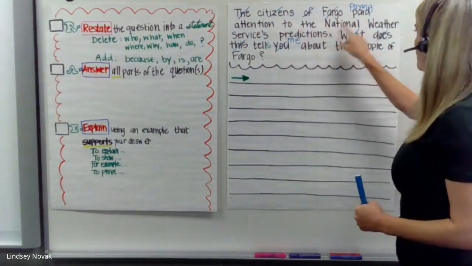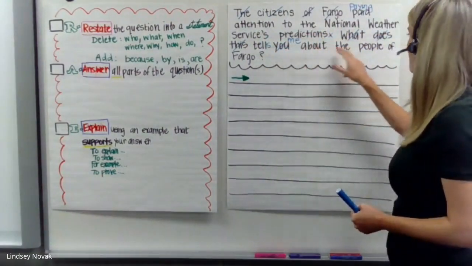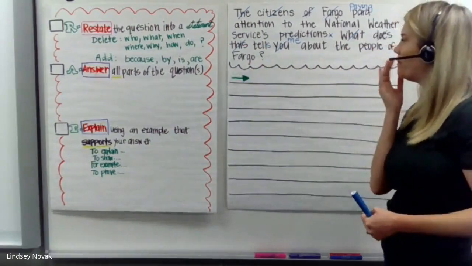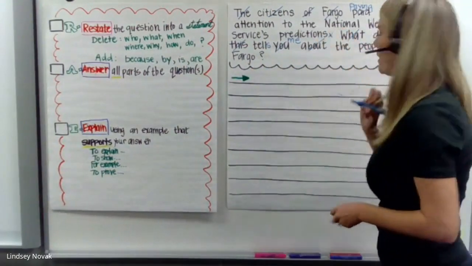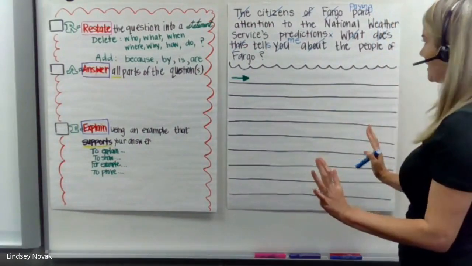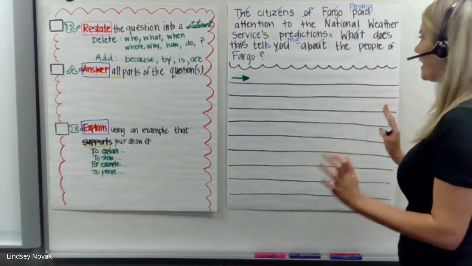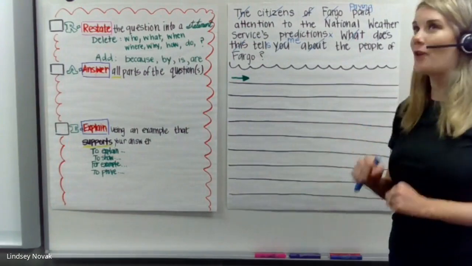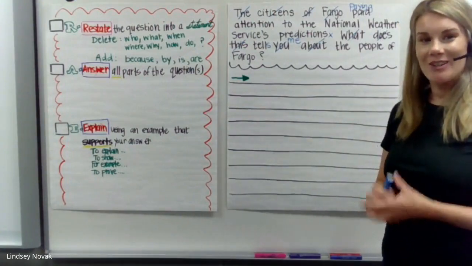Paying attention to the National Weather Service's prediction tells me about the people of Fargo. I don't think I need about, so I'm going to delete that word as well. Now I have paying attention to the National Weather Service's predictions tells me the people of Fargo. I feel like that lends itself to the answer, and that's restate.